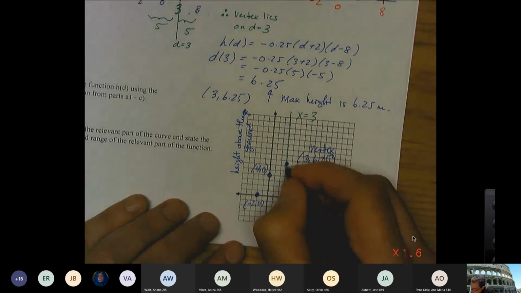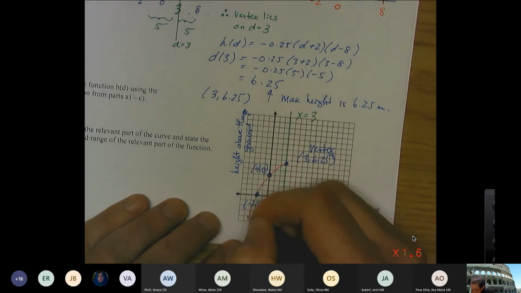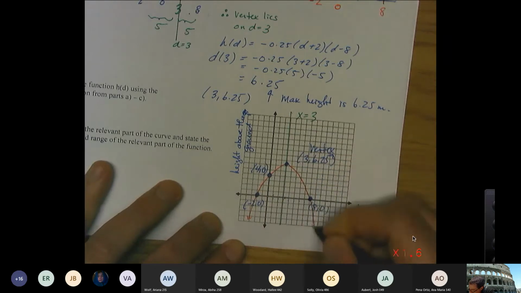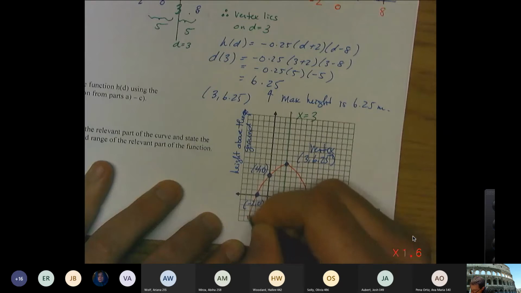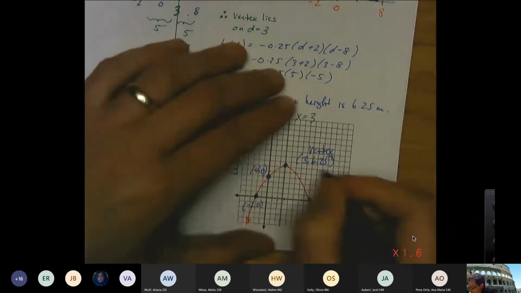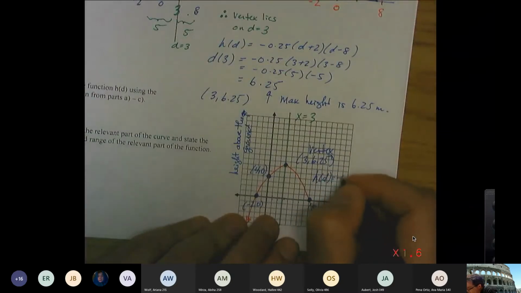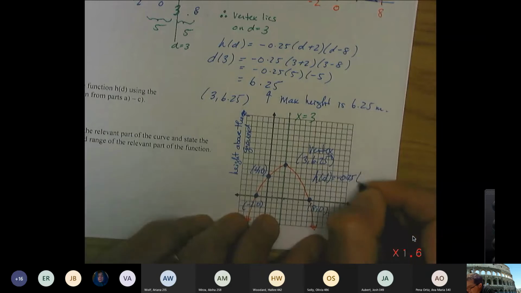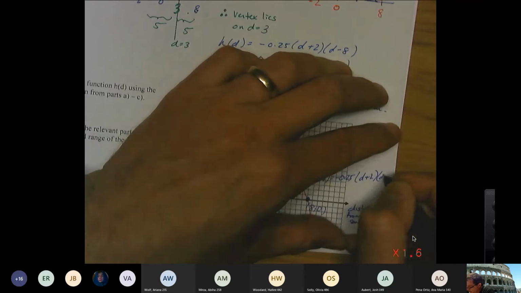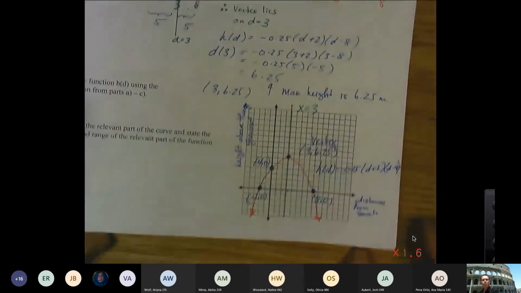And we do our best to connect the points. Now that's the parabola. That is the parabola that comes from this equation, H of d equals negative 0.25 times (d plus 2) times (d minus 8). That is the whole parabola.